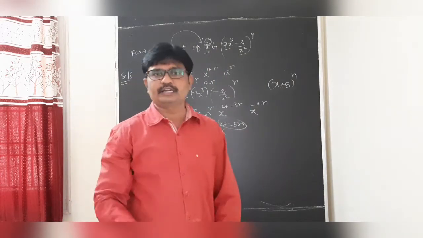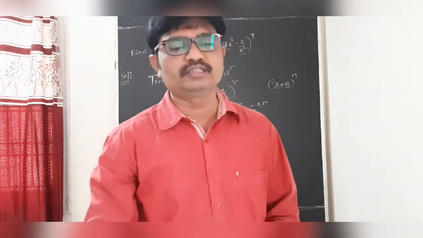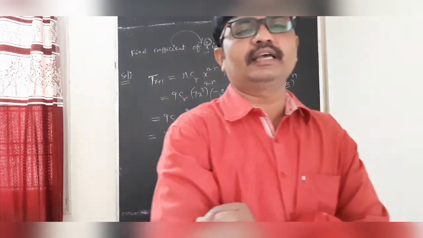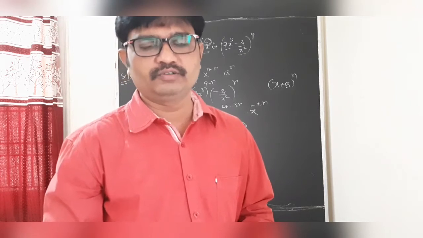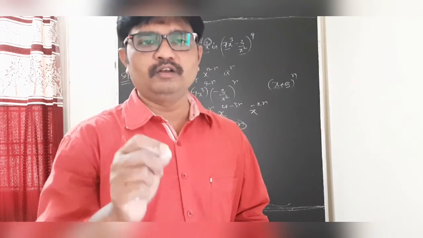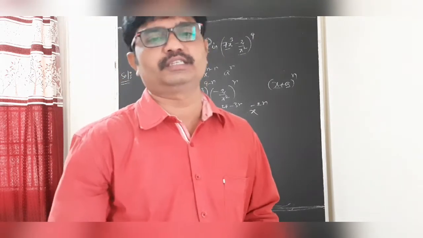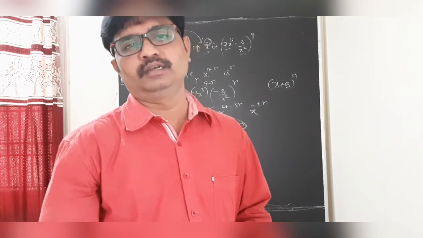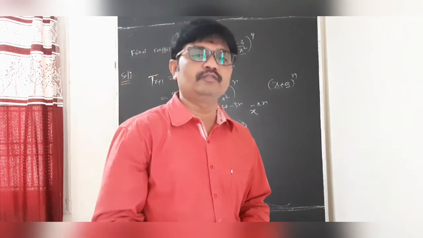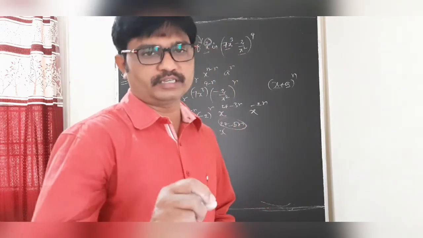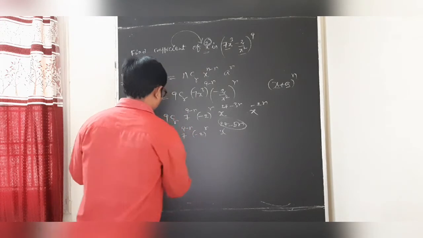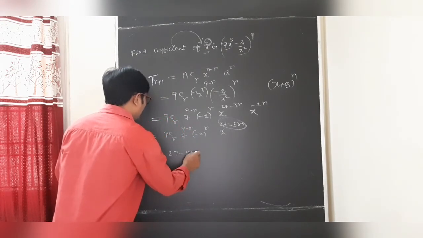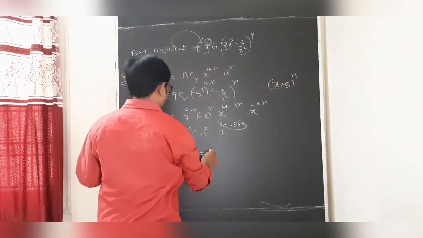Suppose r is not an integer, if you get r as a rational number, then the expansion does not contain x square. Is it clear students? n and r must always be non-negative integers; n is greater than or equal to r, which is greater than or equal to 0. So students, the power of x, 27 minus 5r, is equal to 2.